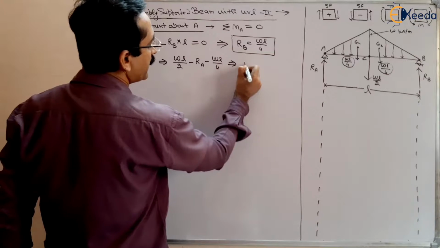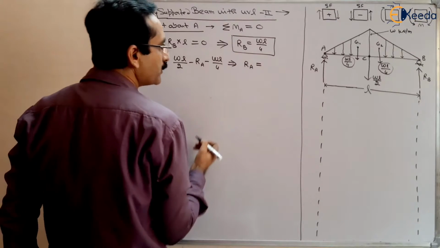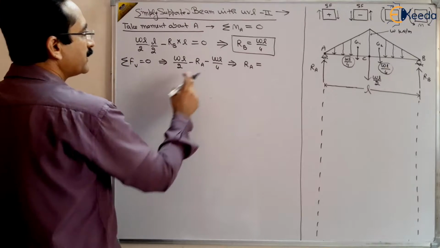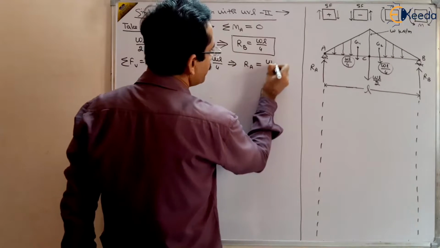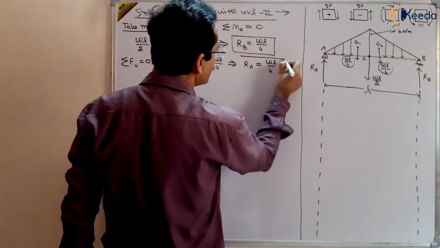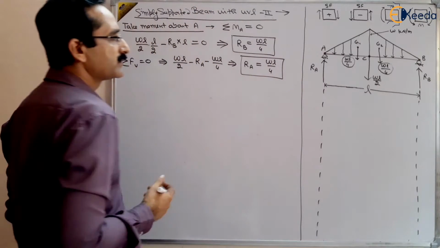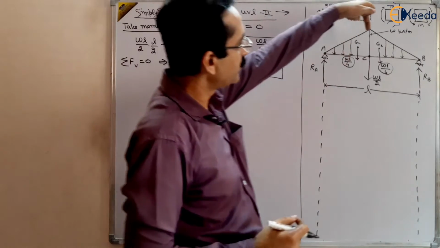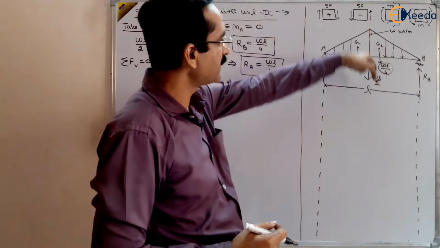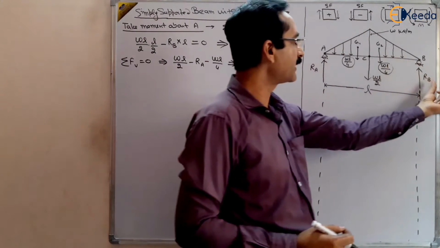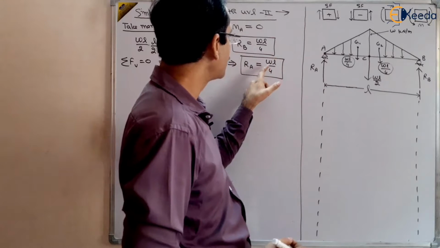Solve it and you will get RA, which will come out to be WL by 4 again. You can see there is symmetry: WL by 2 acts downward at the center, so RA and RB should be equal, each half of WL by 2, that is WL by 4.